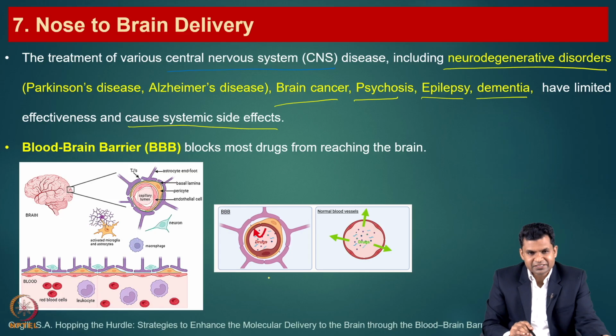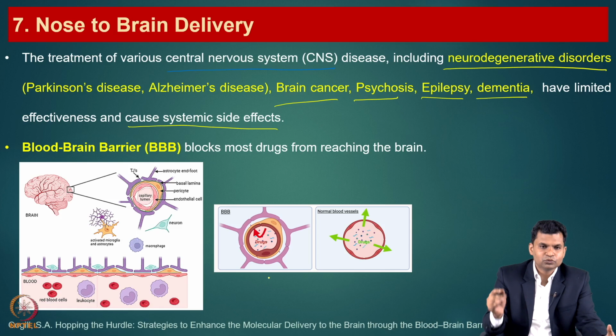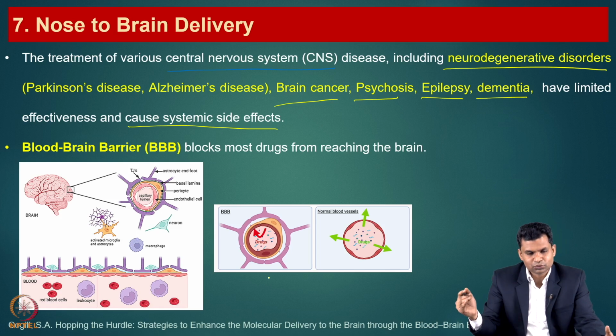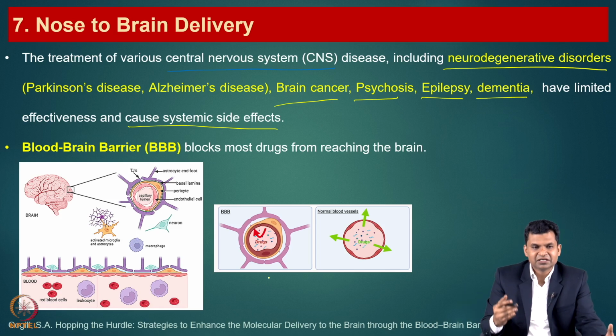One more major drawback of the current treatment is that we cannot reach the molecules into the brain, or you can say the target sites. You may give oral route or parenteral route or some other routes, but the drug will not reach from the blood into the brain site.